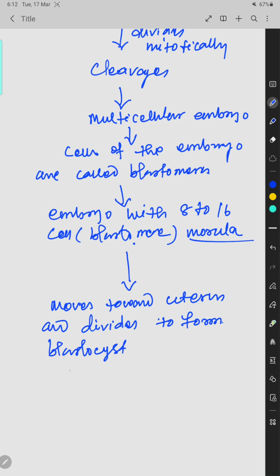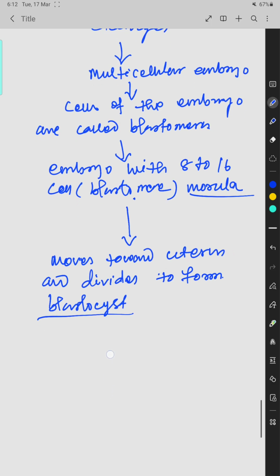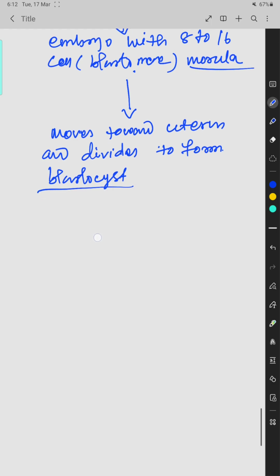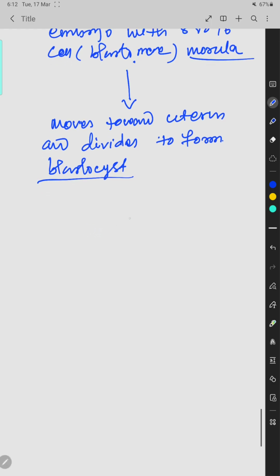Okay. Now the blastocyst is in the uterus. Now let me describe the structure of blastocyst. If this is the structure of blastocyst, in the blastocyst generally 32 cell blastomeres are there. The blastomeres are arranged into an outer layer.